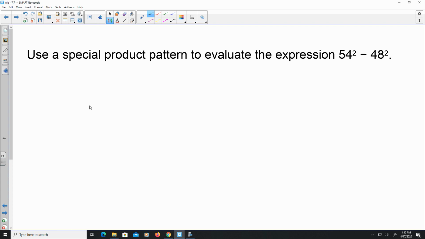So you could write this as 54 plus 48 times the quantity of 54 minus 48.